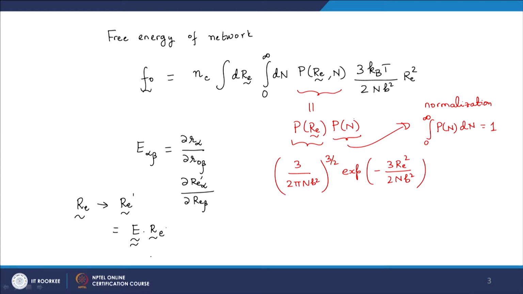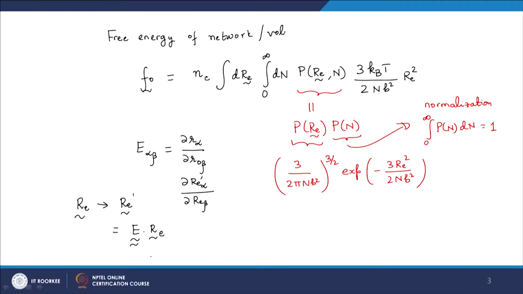Okay. So, now if I talk of the free energy change, just to keep in mind that the free energy we have defined here is already normalized. So, it is free energy per unit volume, because we have defined the number of strands per unit volume.